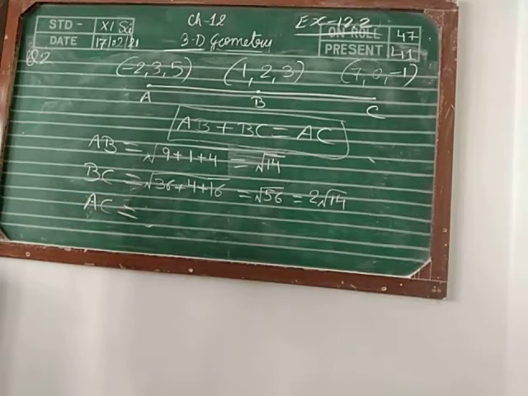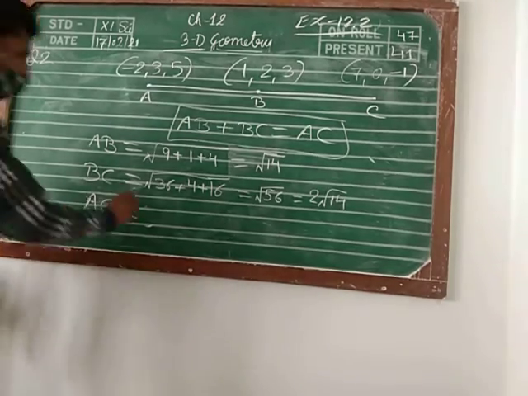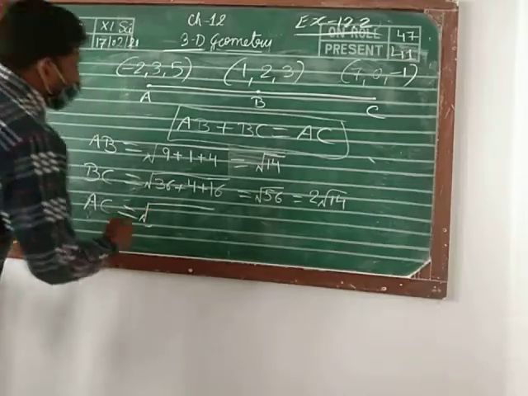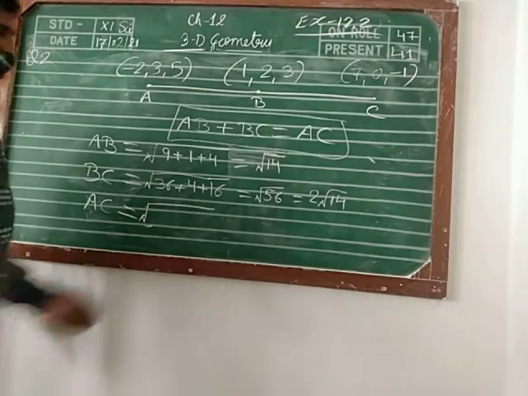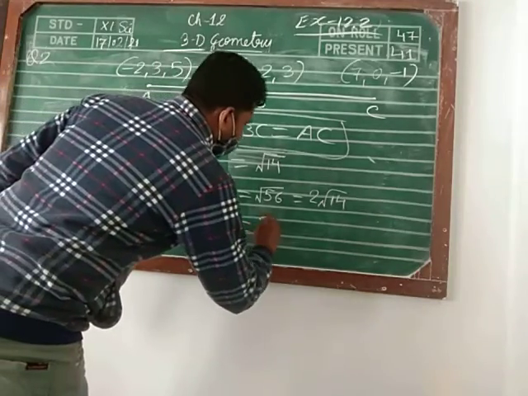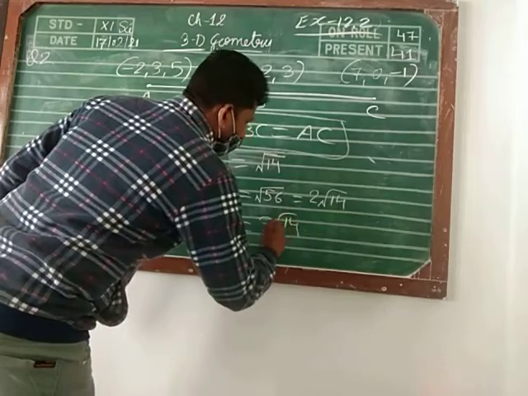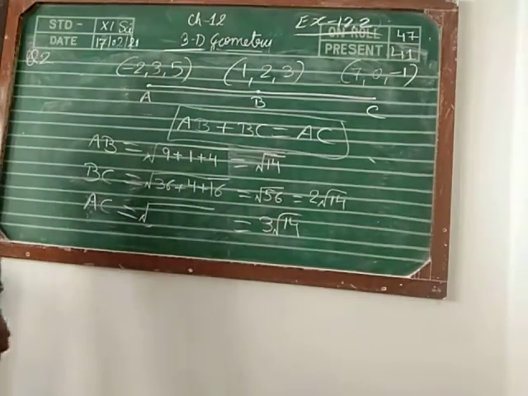Simplify the roots first. Root 3 root 14. These are the values you are getting.